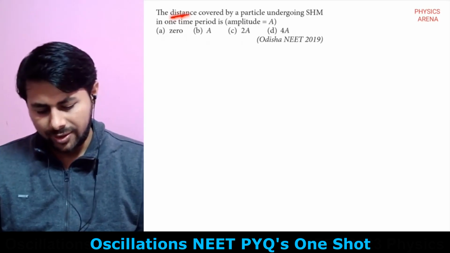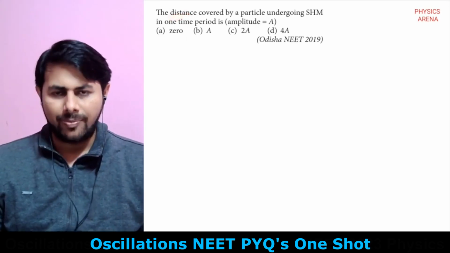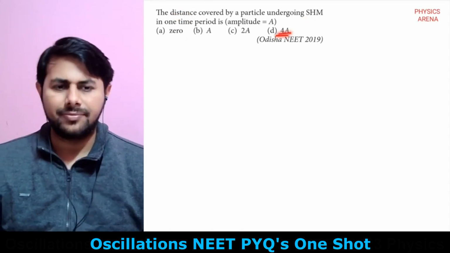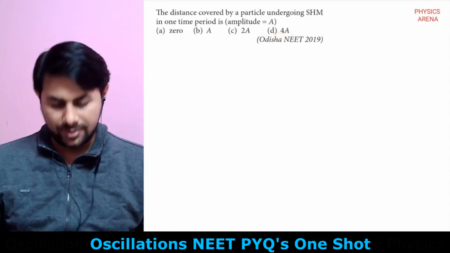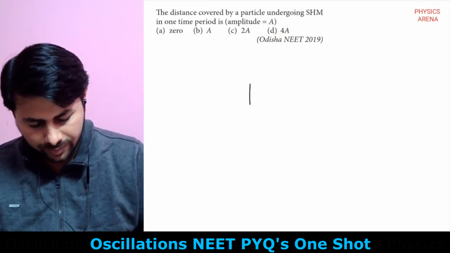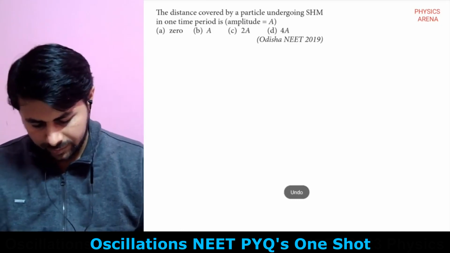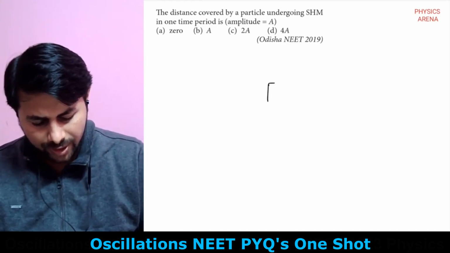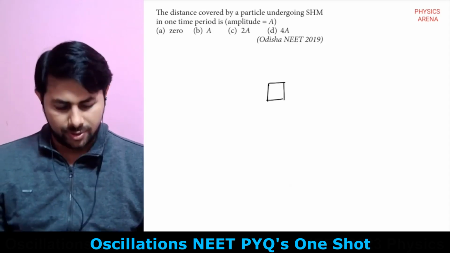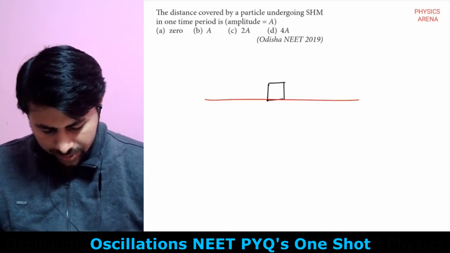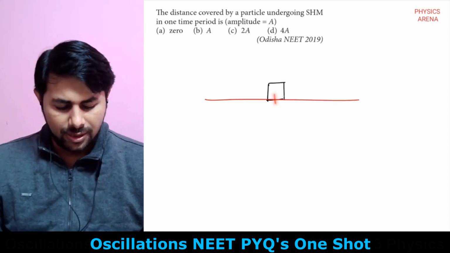Question is distance covered by a particle undergoing SHM. Answer is 4A. Okay, see how. Let's suppose this block performs SHM. So it starts from the mean position.